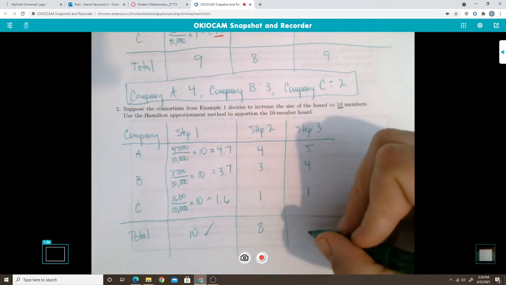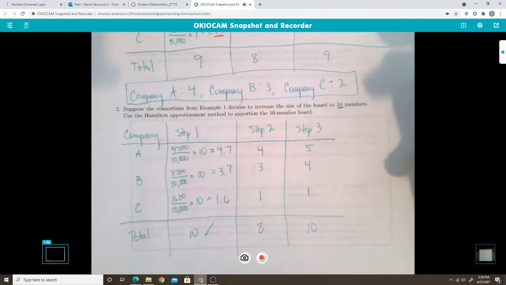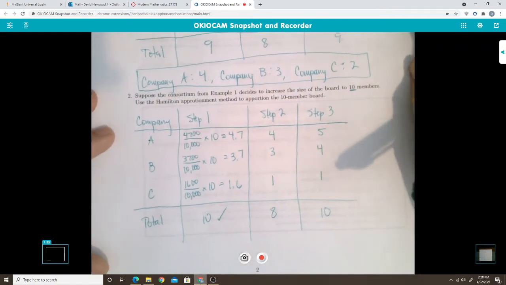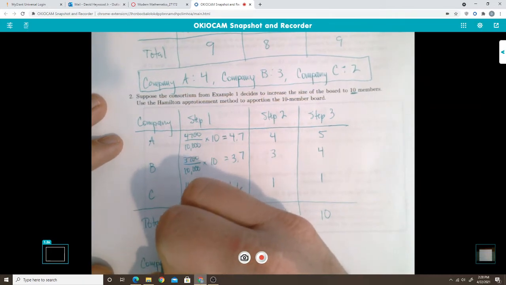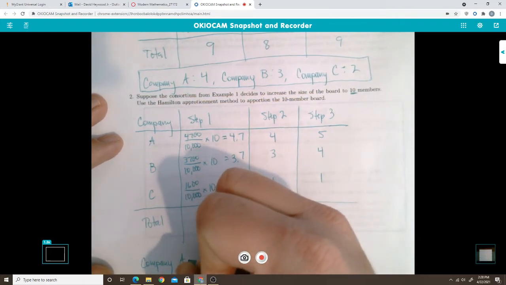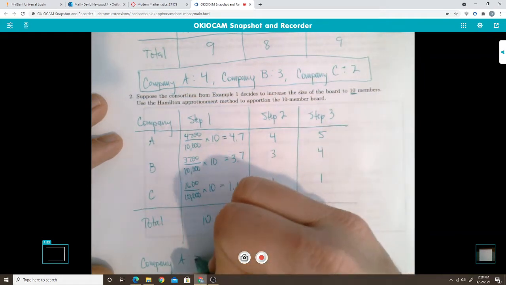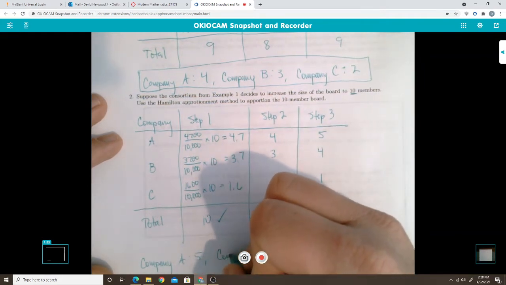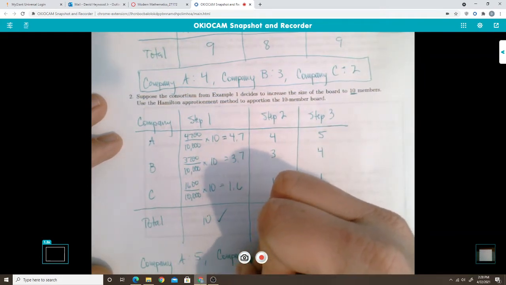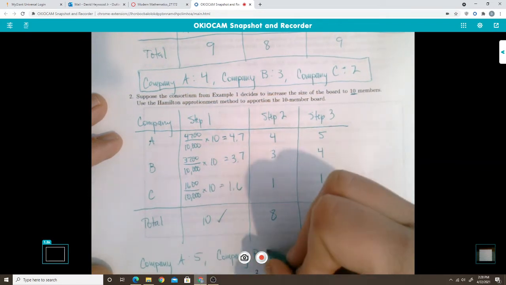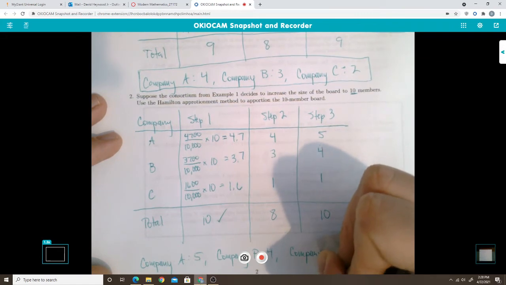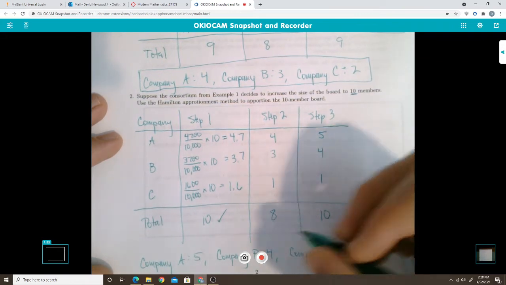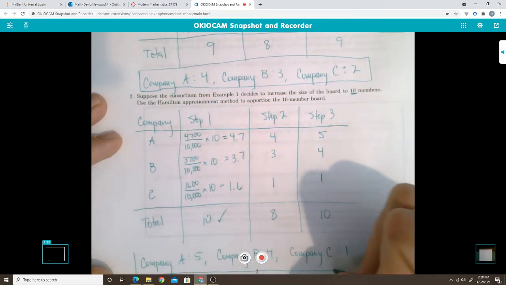If you add that up, that comes out to 10. So this time, the apportionment would look like this. Company A would have 5 representatives, Company B would have 4 representatives, and company C would have just 1 representative.